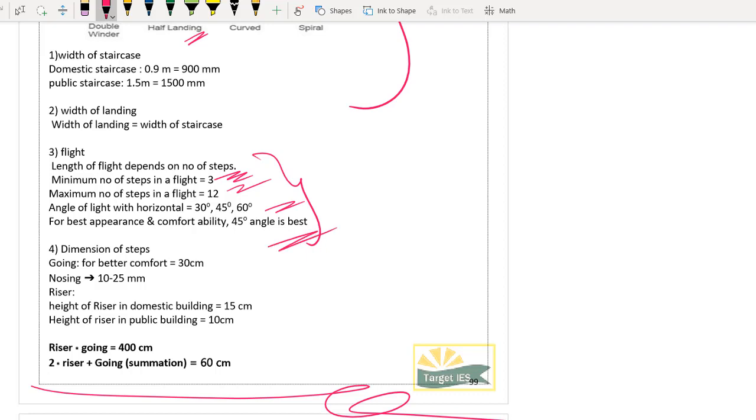You have to remember 45 degrees is your best angle at which you have to construct the steps, so on. So if you remember this, 100 out of 100 in SSC JE, ISRO, ESE, GATE, no one can stop you. Believe me, you go to any coaching center, I can give you a guarantee, right?